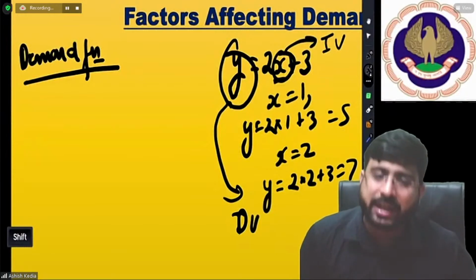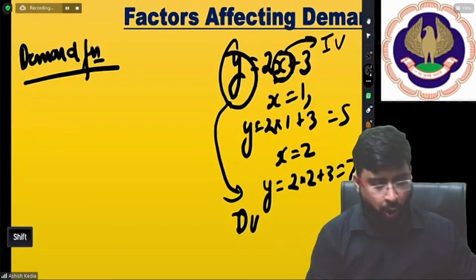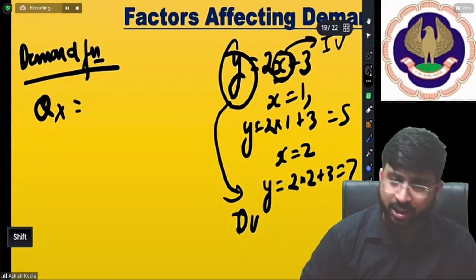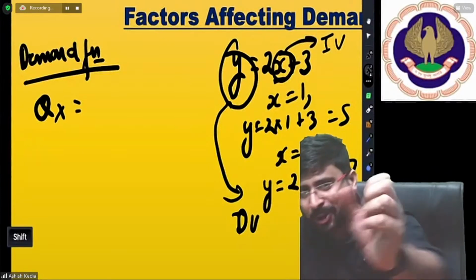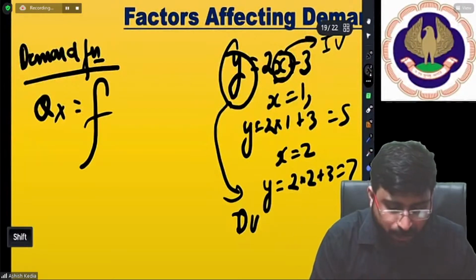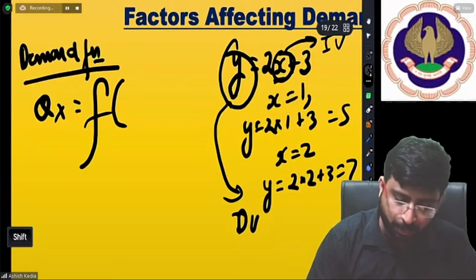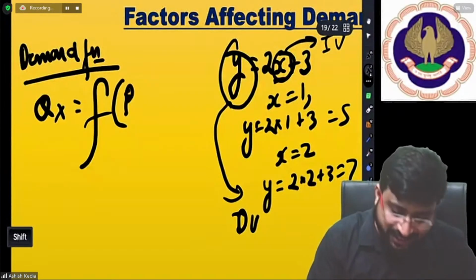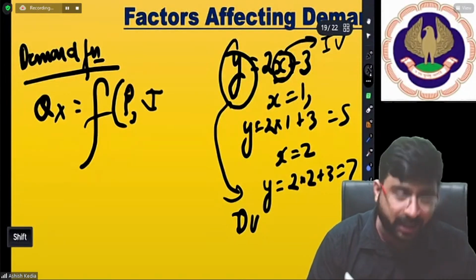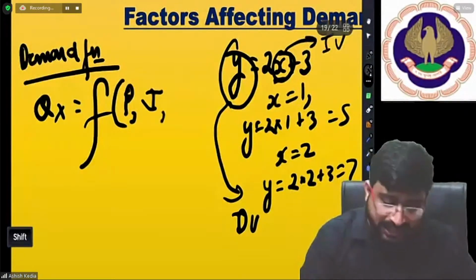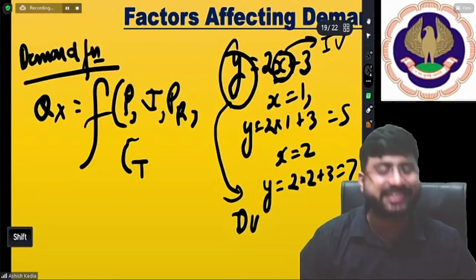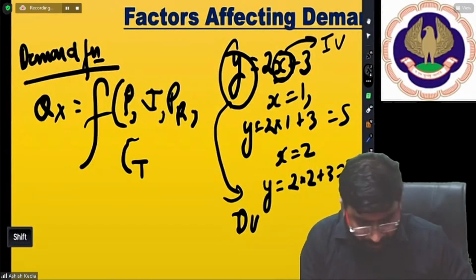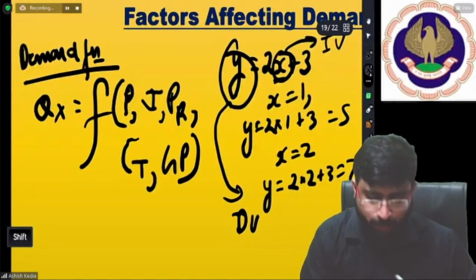Correct. My dear friends, similarly, quantity demanded is also dependent on a lot of things. What does it depend on? It depends on the price of the commodity, the income of the consumer, the price of related commodities, consumers' tastes and preferences, government policies and so many other things.